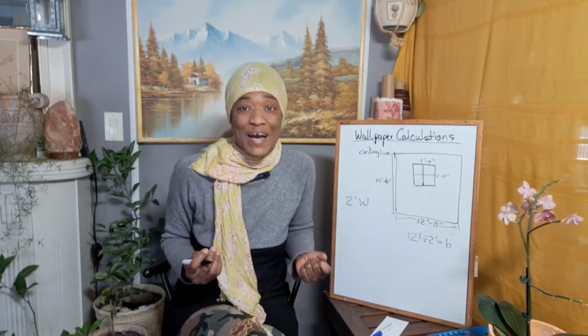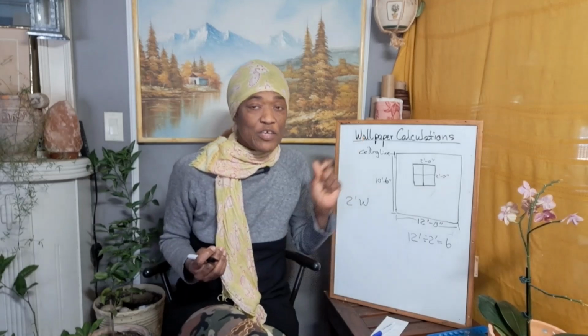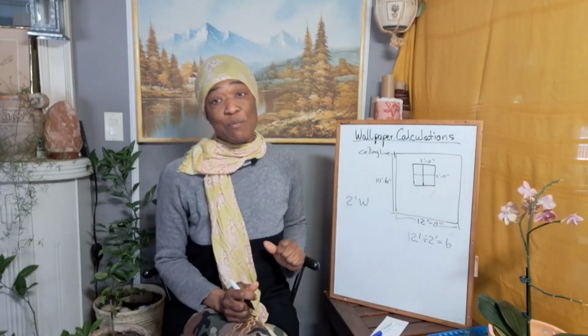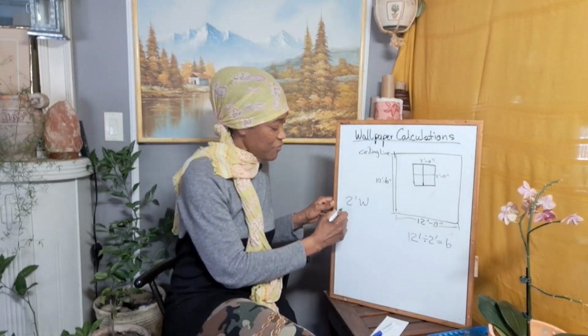Now the next thing we'll do is check out what our pattern repeat is. I'll link the video for you so you can go look for your pattern repeat. However, I am going to use a pattern repeat that is 6 inches.